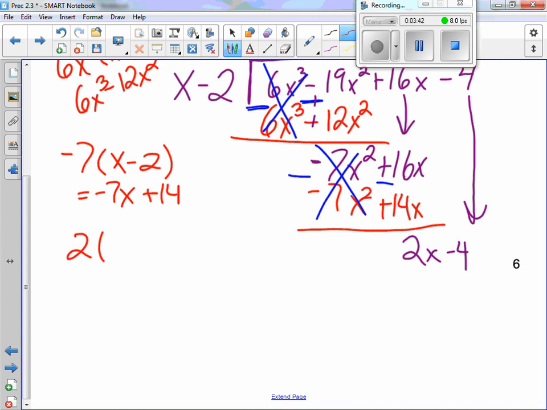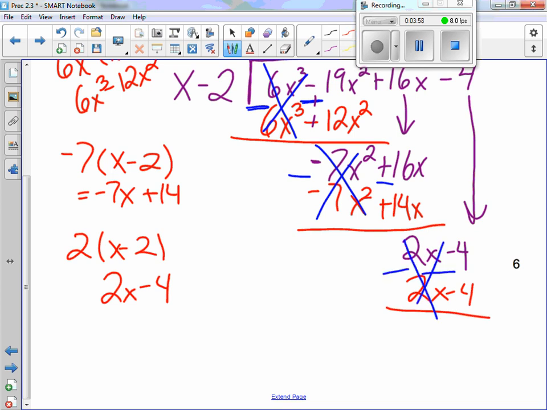So 2 times x minus 2 would give us 2x minus 4. Minus and minus, will these cancel? Those cancel, so we get 0. Now, whenever we get 0, it means it divides evenly. There's no remainder.